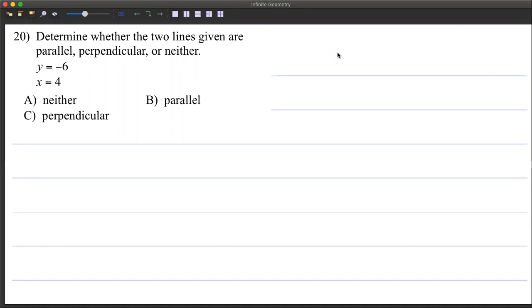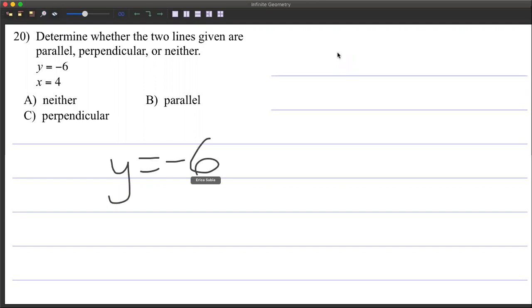All right, so let's talk about this. I'll give you a hint. These numbers here, the -6 and the 4, don't mean anything. Because remember, it's not those numbers that I'm looking at. It's the slopes of these lines that I care about. Take just y equals -6.